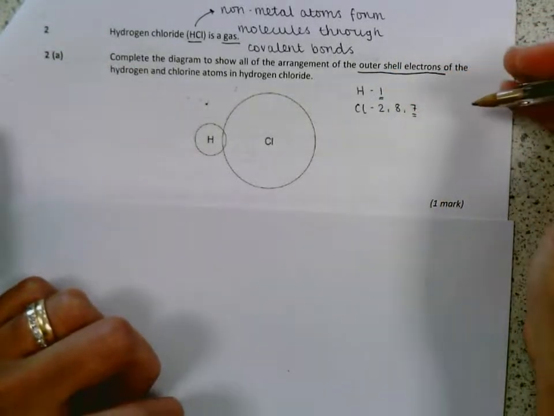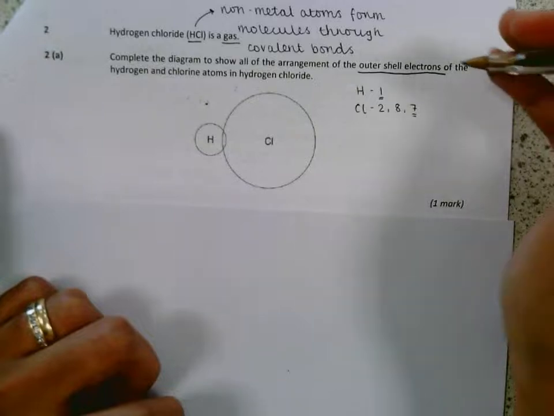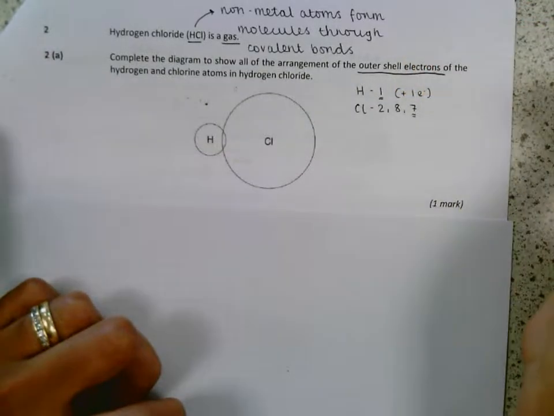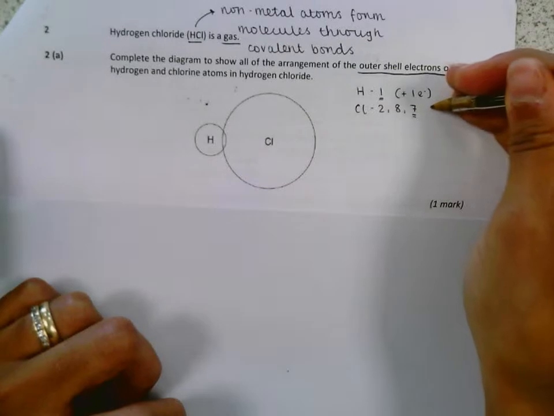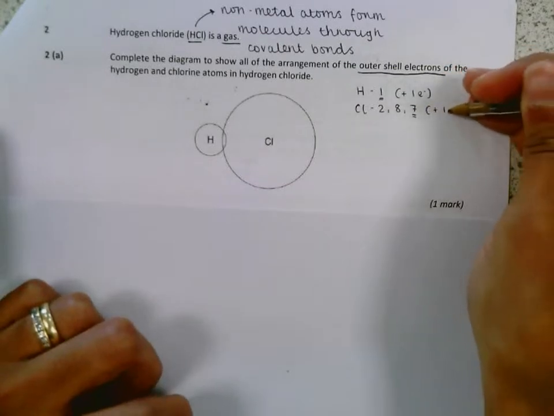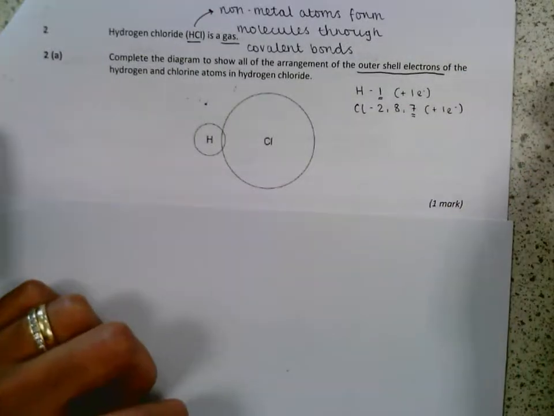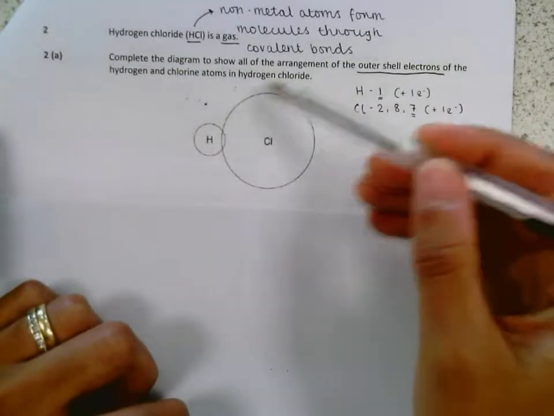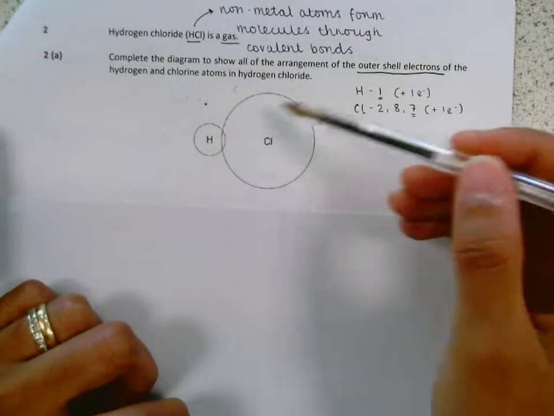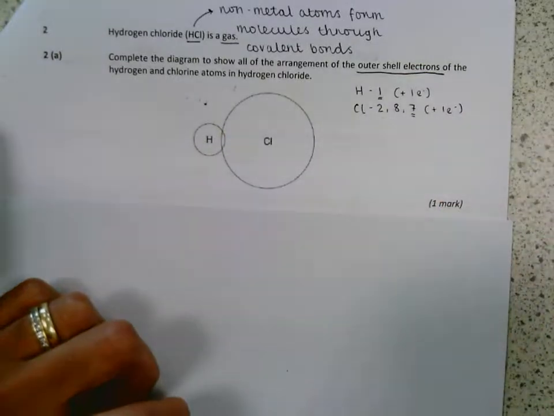So we can see, to achieve a stable electron arrangement, hydrogen needs to add 1 electron or share 1 electron, and chlorine needs to either add or share 1 electron too. Now, the hard work has been done for us. We have a hydrogen shell overlapping with the outer shell of a chlorine atom.